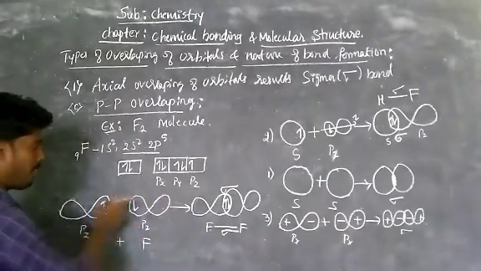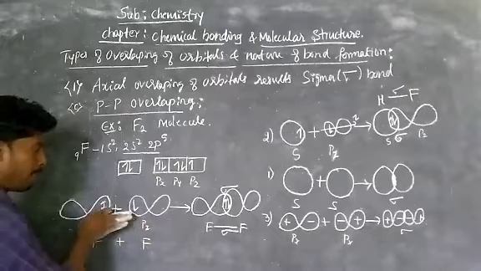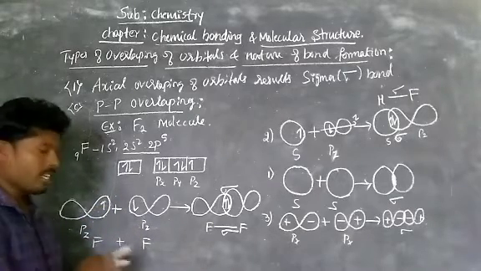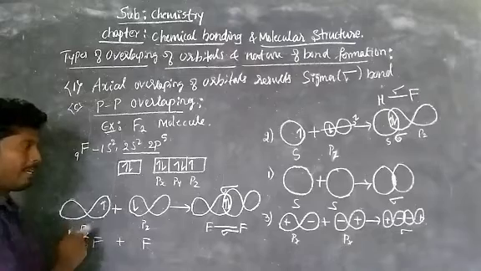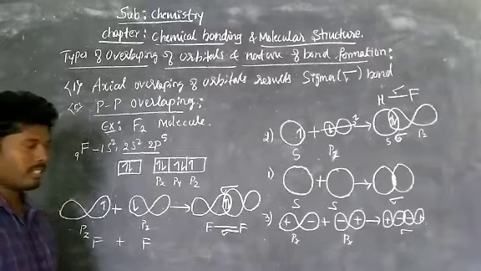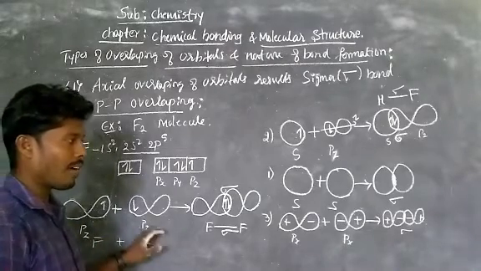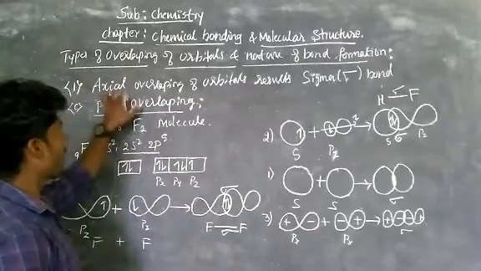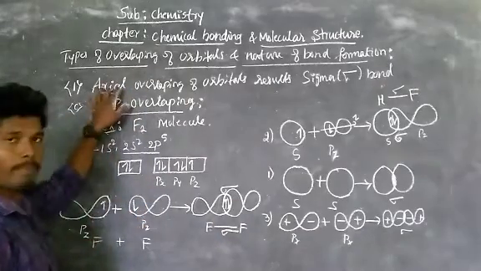This is pz. We are writing it horizontally, which means it is present on the z axis. We are not showing the axis. If we write z, it means the orbital is present on the z axis. This is the overlapping of atomic orbitals, not sideway, but axial way.